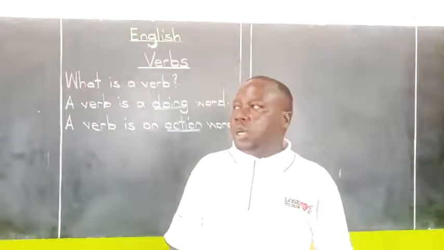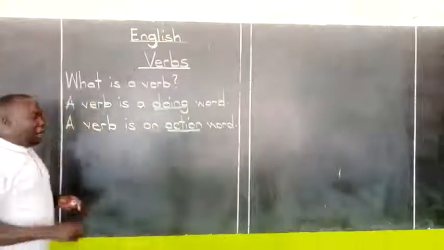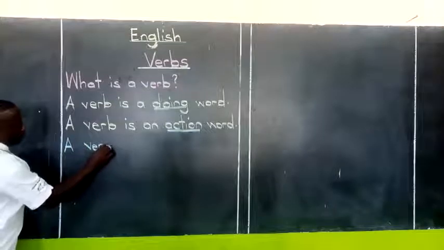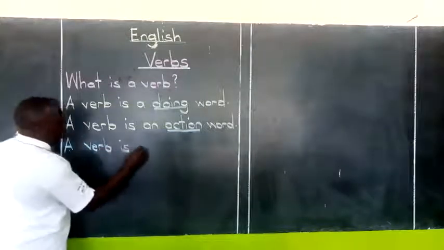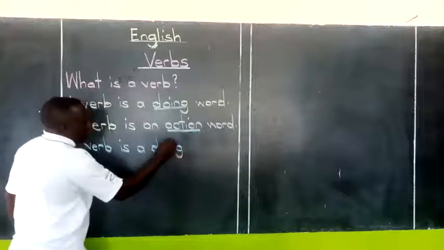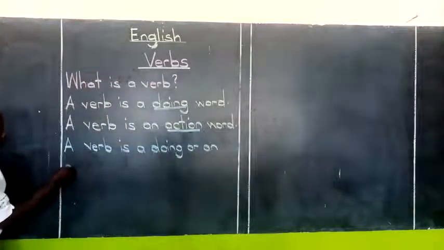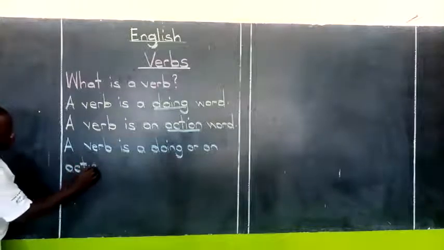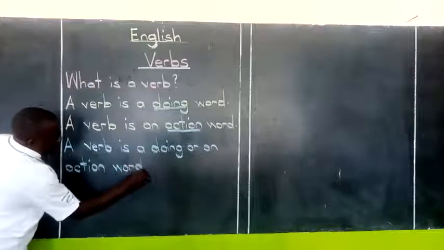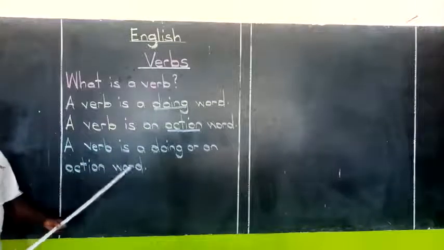So you can combine these ones and make one answer: a verb is a doing or an actioning word.